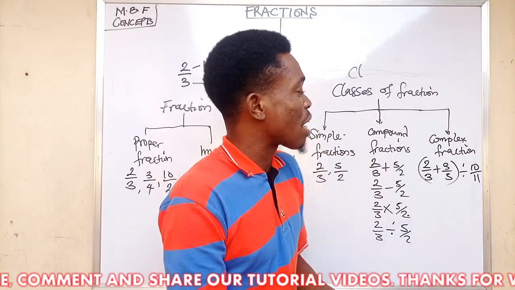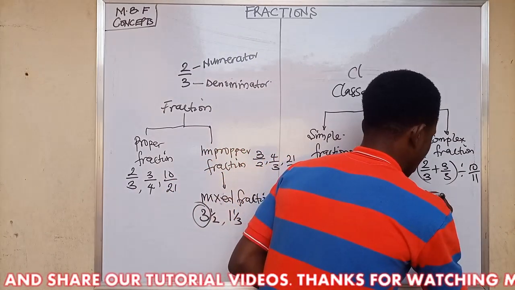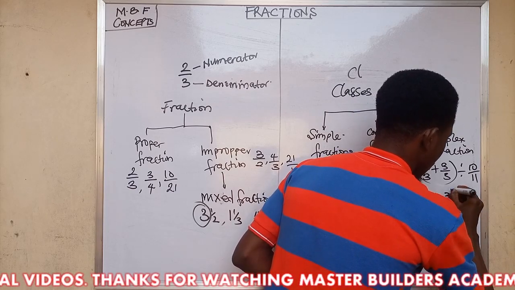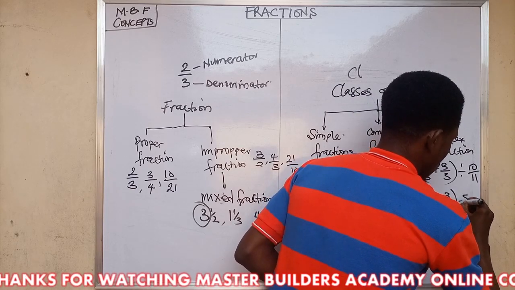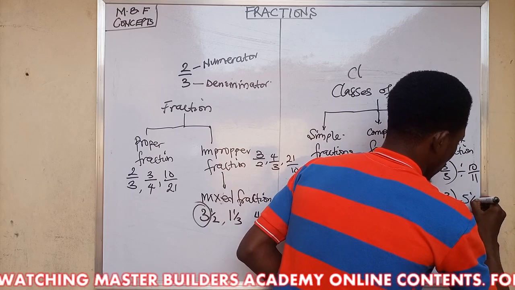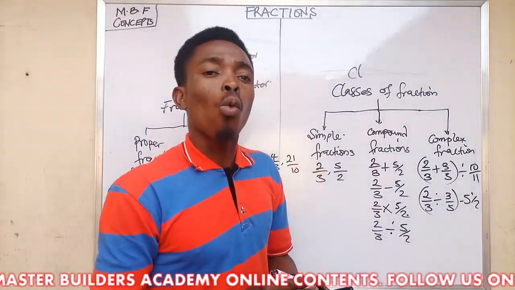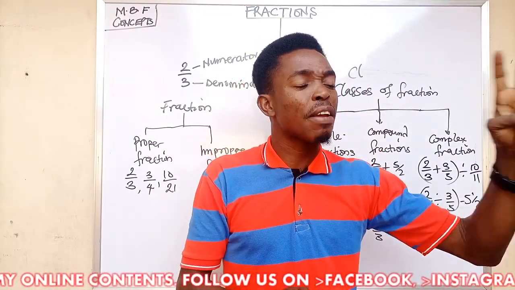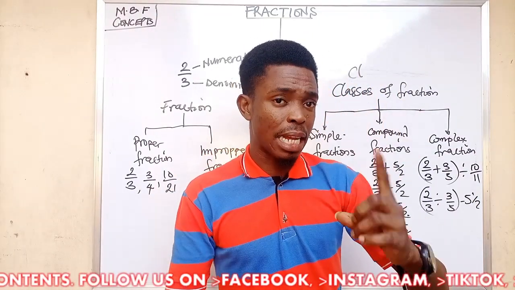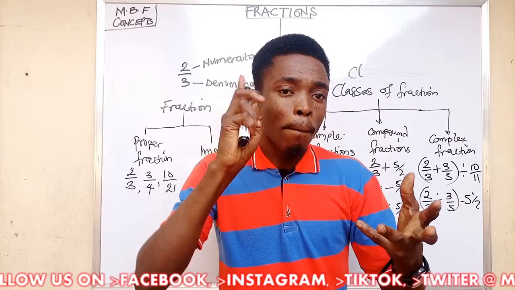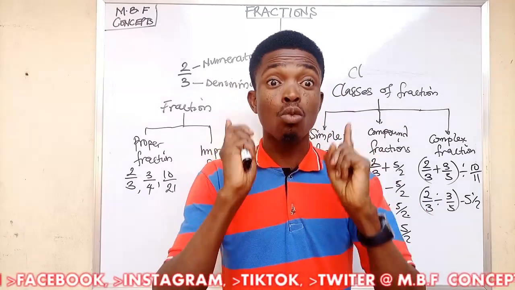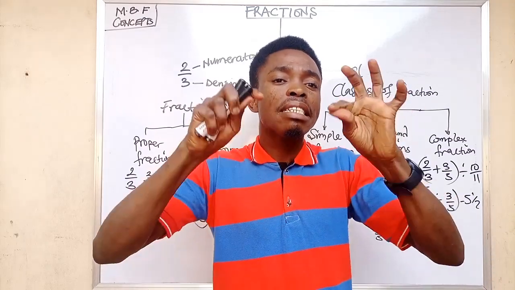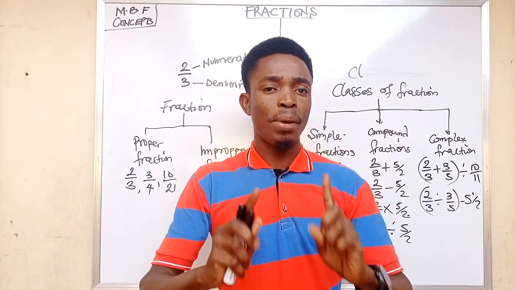Or you can have it as 2 over 3 divided by 3 over 5 minus 5 whole number 1 over 2. Just like that. So when you have numbers of fractions connected with the 4 basic signs, plus, minus, multiplication, and division, in one question, or brackets or of involved, this is an example of complex fractions.